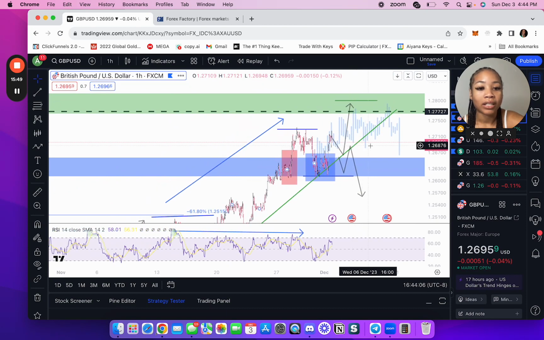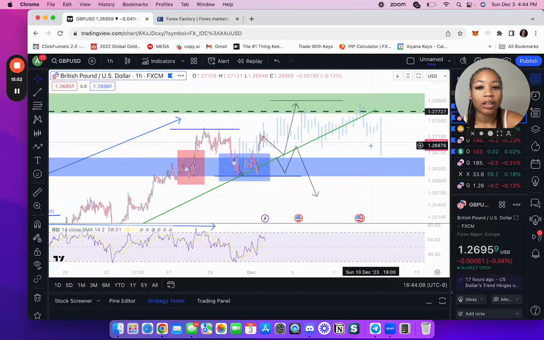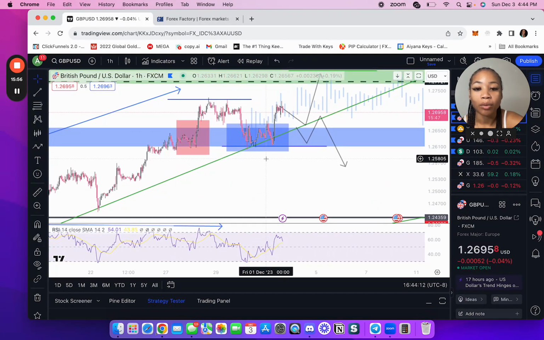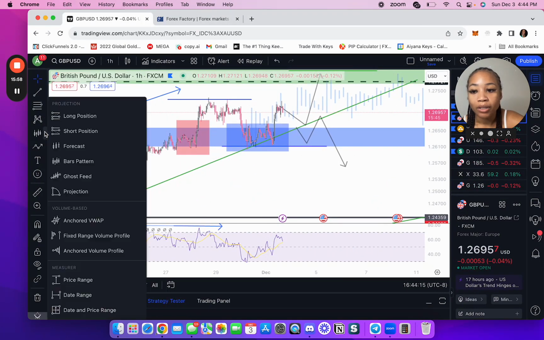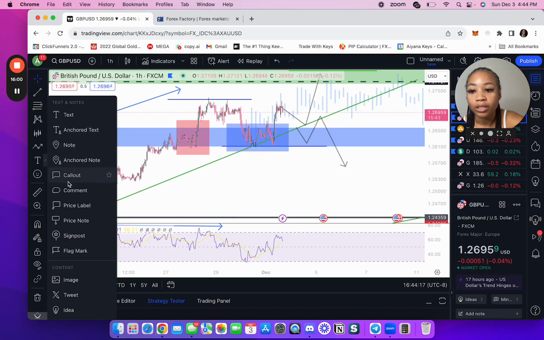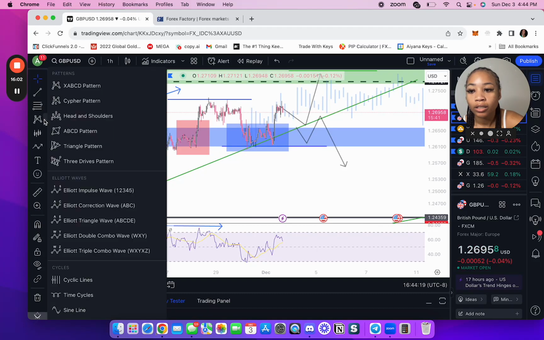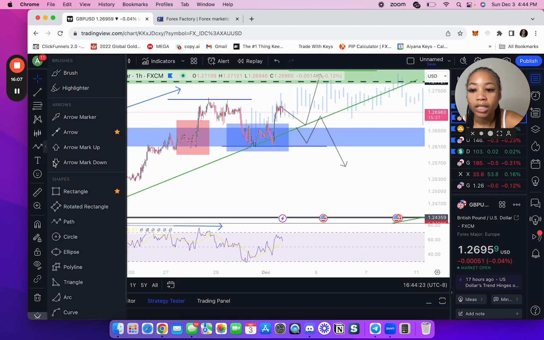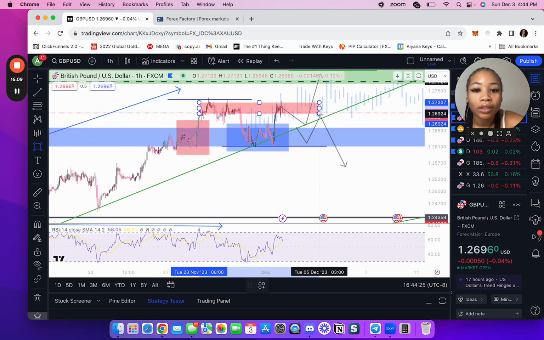My highest probability is that it will go up a little bit further. If not, I am prepared for the opposite to happen. What I want to do too is, where is the box? There we go.